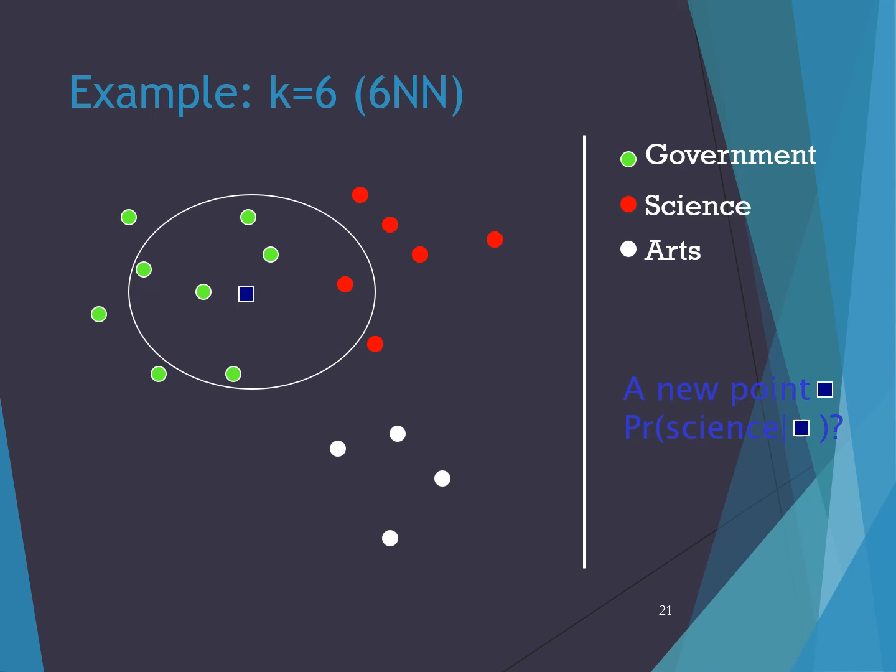We have to find which class the blue dot belongs to. As k is equal to 6, we draw a circle around the six nearest dots, and the most numerous are green, so the blue dot belongs to government.